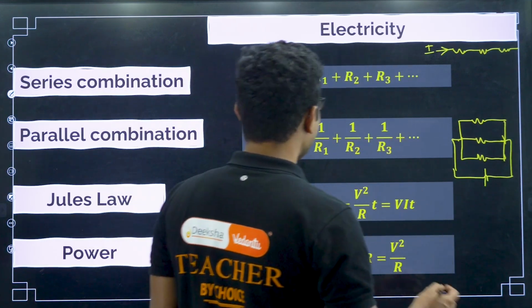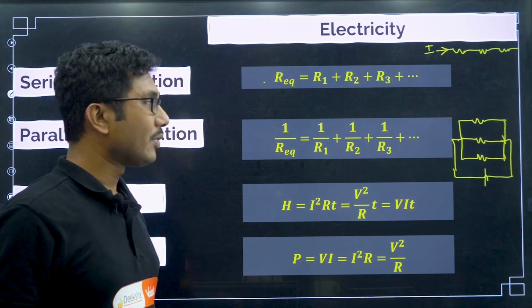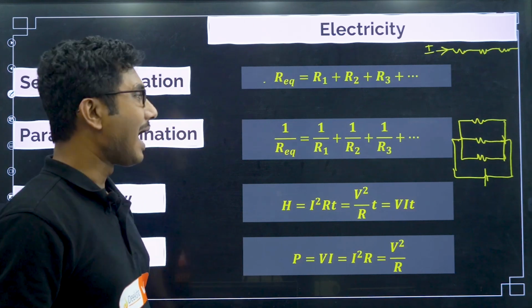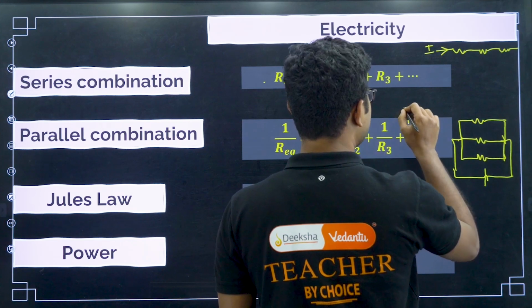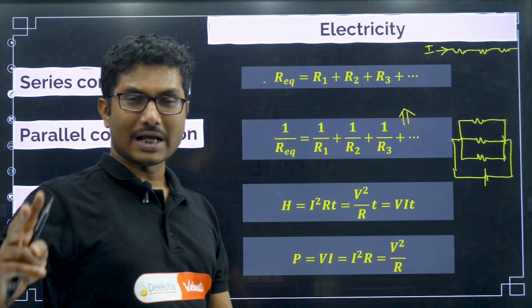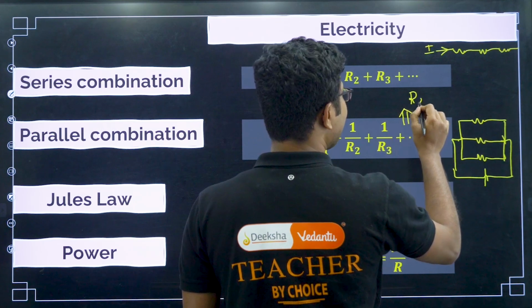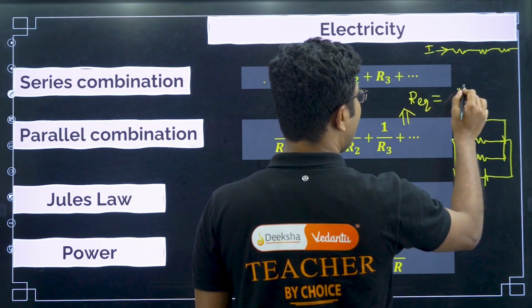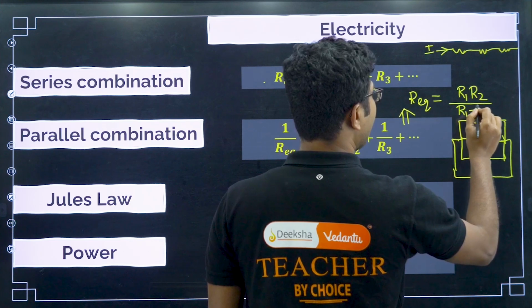And in the parallel case you can apply this law, that is 1 by R equivalent is equal to 1 by R1 plus 1 by R2 plus 1 by R3 plus dot dot dot. Now there is a special case: if only two resistances R1 and R2 are involved, you can directly write R equivalent equals R1 R2 divided by R1 plus R2.